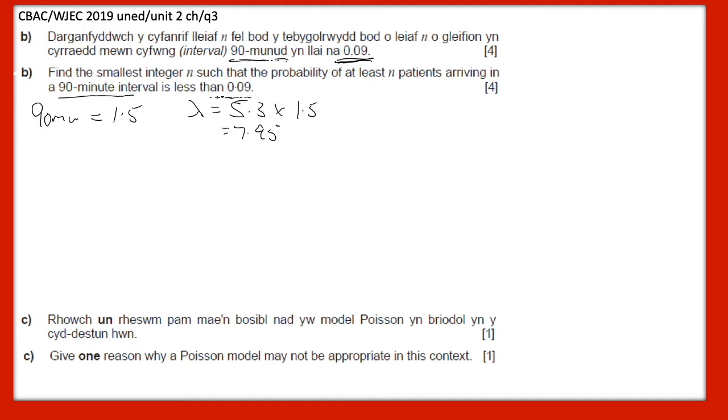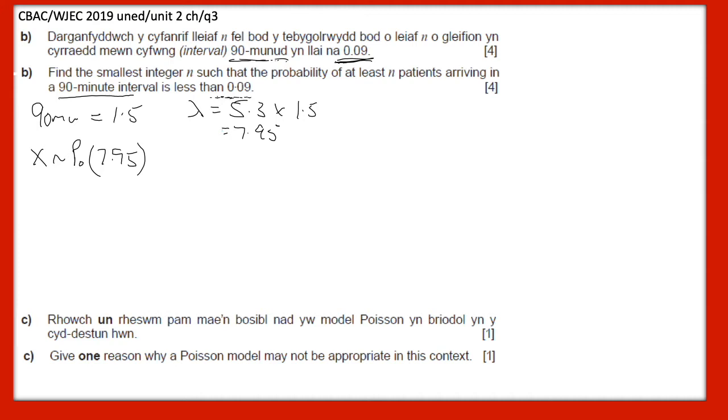Now, what's interesting to note, so x is Poisson with parameter 7.95, is that neither of these questions will allow you to use the standard tables. You're going to have to use a calculator, and that's okay.